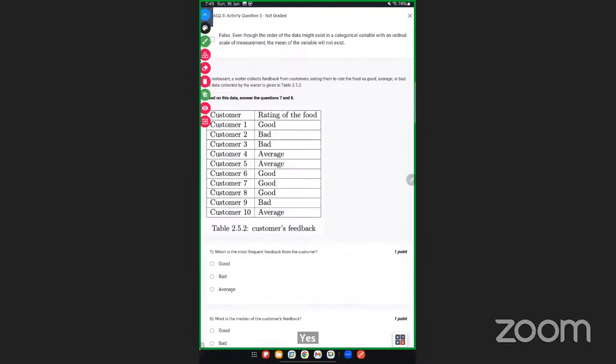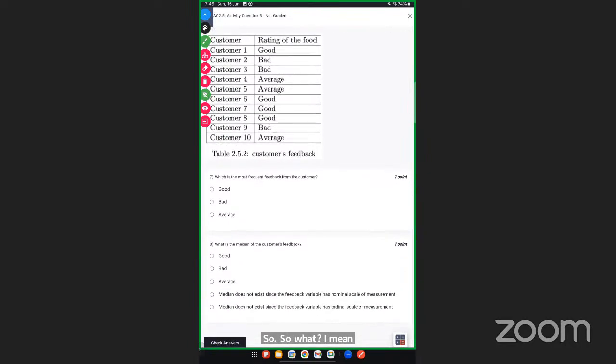Yeah, but this one has 10 elements. So I think for the 5th and 6th you might have to take the average. For the median you have to take two values and divide by 2.